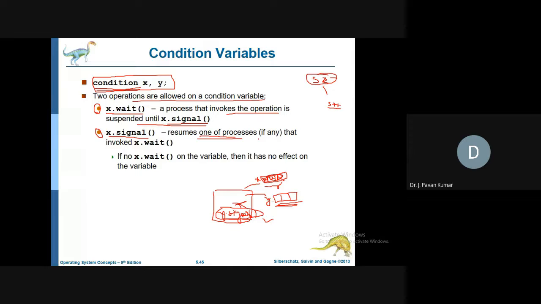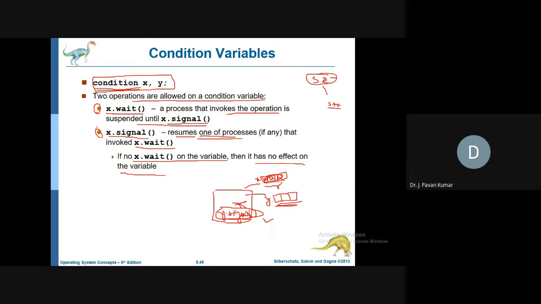If any process is waiting by giving x dot wait, then one of those will be resumed. Suppose no x dot wait on the variable has been invoked, then no process is waiting, right? No process exists in the corresponding queue, so it has no effect on the variable. It will just ignore this signal call.